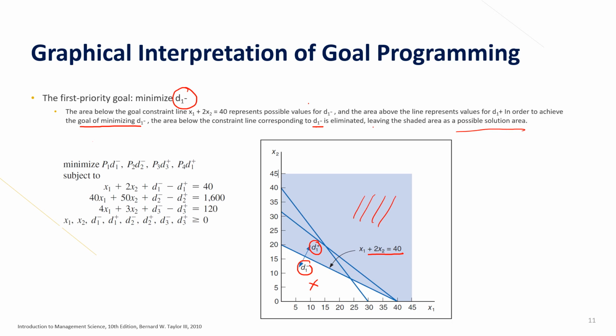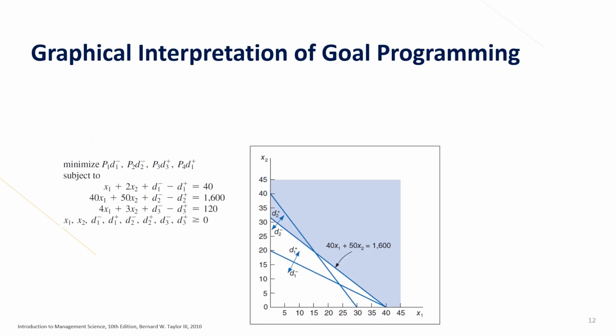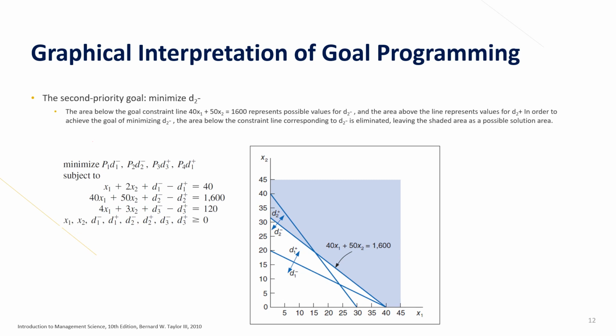We have no conclusion yet here, because we need to consider several other priority goals. Based on the last priority goal being solved already, we move to the second priority goal, in which we want to minimize D2 minus. It relates to the profit, where D2 minus represents how much profit will be under 1,600, the deviation of profit to the 1,600.